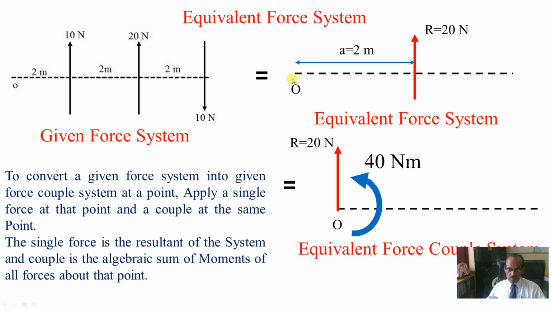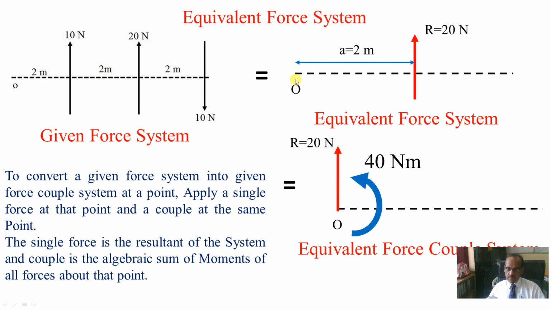So to transfer this force to point O, I will apply one upward and one downward force. The downward force and this upward force will form a couple. What will be the magnitude of the couple? 20 into 2, that is 40, and it will be anti-clockwise. I have replaced the downward and upward forces by the couple, and the upward force we applied remains at its place, 20 Newton.